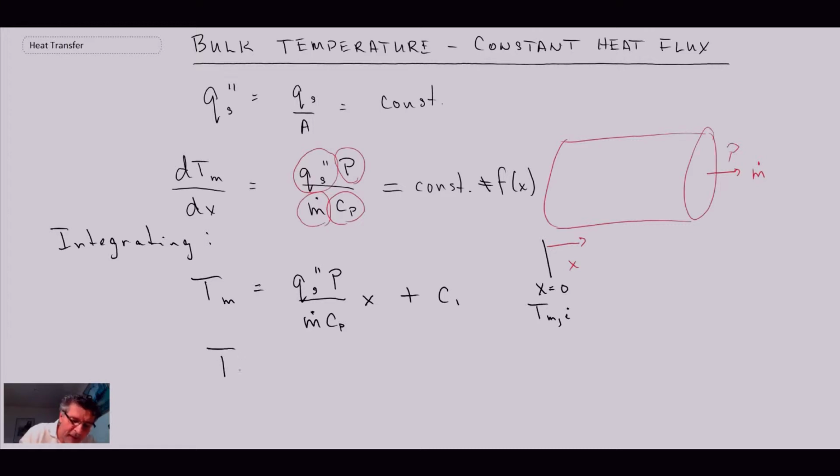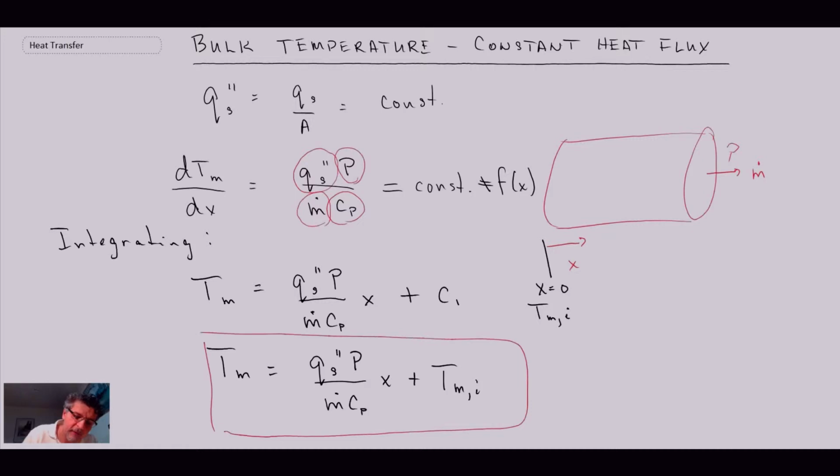With that boundary condition, we can rewrite this expression in the following manner. That becomes the temperature distribution for constant heat flux. With that, let's take that and plot it.